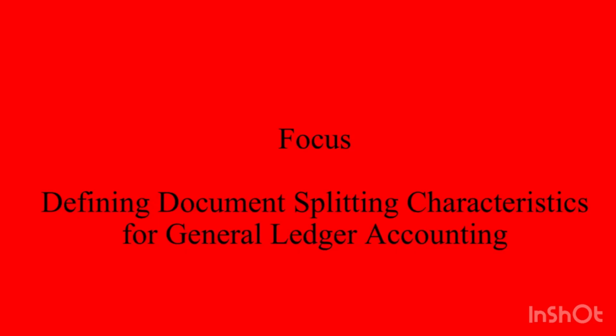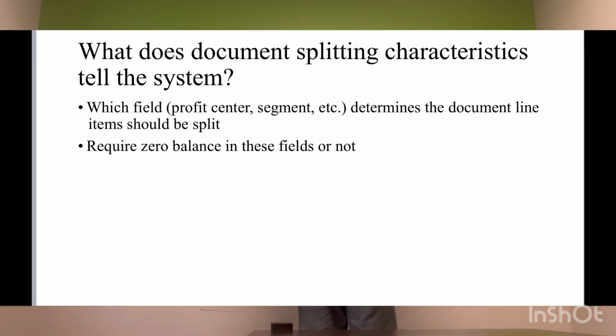All right, moving right along. This section's done, and now we're moving on to defining document splitting characteristics for general ledger accounting. Question. What does document splitting characteristics tell the system?